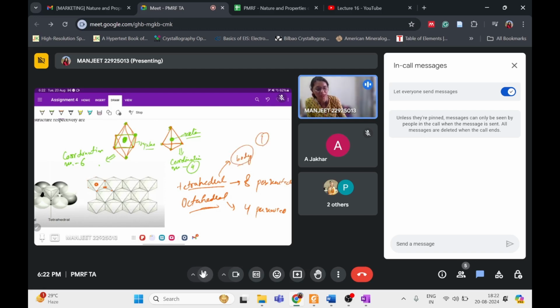On one body diagonal there are 2, and the total number of body diagonals is 4, so the total number of tetrahedral positions will be 8. For the octahedral we have a different scenario, so it will be 4 per unit cell.